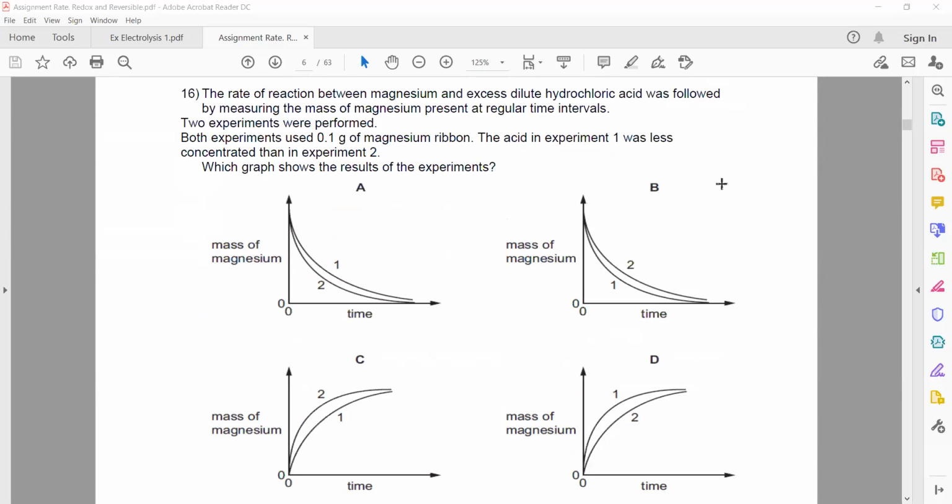So first you have to identify which one will be faster. Acid in experiment 1 is less concentrated. So less concentrated means experiment 1 should be slower than experiment 2. And mass of magnesium, because magnesium is a reactant, so its mass should decrease when this reaction occurs.